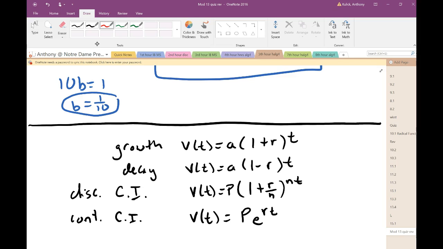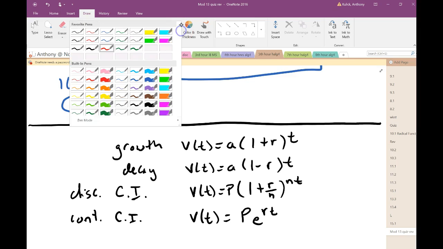Really, they mean the same thing, the initial value of whatever it is you're looking for. In the growth or decay, the R is the rate of growth or decay written as a decimal. More often than not, those things would be given to you as a percentage. Make sure you convert your percentages to decimals.